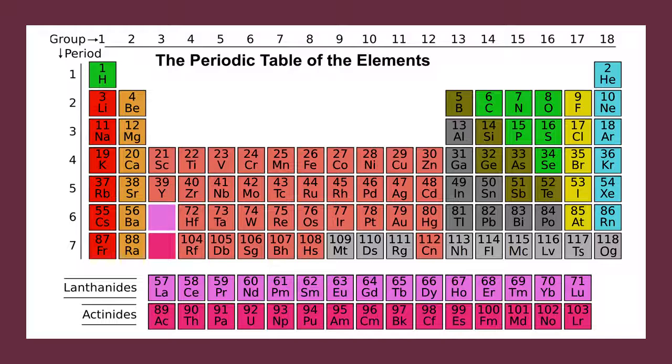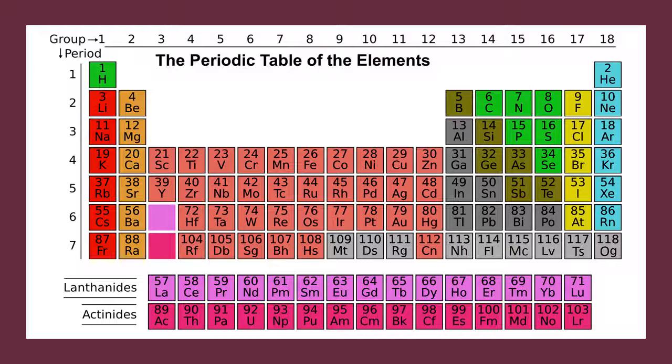And what's important for us for drawing Bohr models is that we use the periods, which run horizontally. So there's period 1 from hydrogen to helium, and period 2, lithium to neon, period 3, 4, 5, 6, 7, and so on.